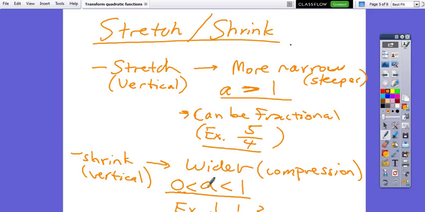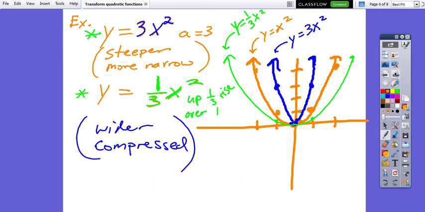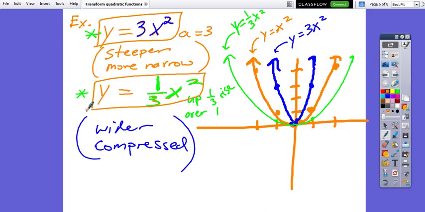Let's take a look at an example. Here we have two functions, y equals 3x squared and y equals 1/3 x squared. Now for the 3x squared, our A value equals 3, which means it's as if our rise is 3. So relating this to the graphs, notice that the orange graph is our parent function.